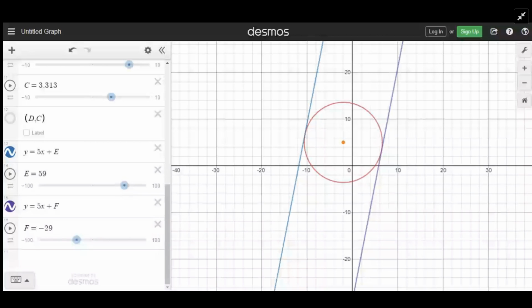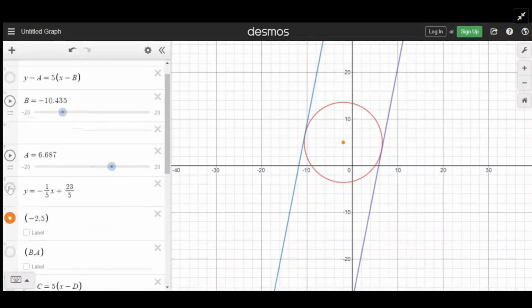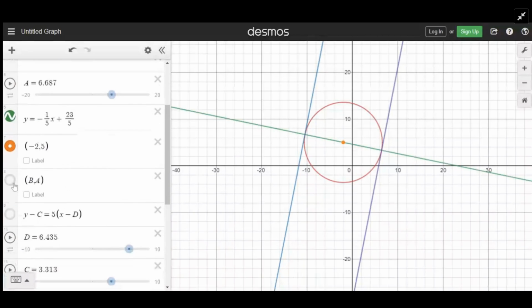But because this is a geometry class, remember that the tangent line is always perpendicular to a radius or a diameter. So if I could draw a line that's perpendicular to both the blue and the purple and passes through the center, which is this one, I will find these 2 points.